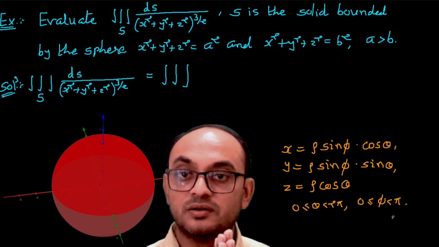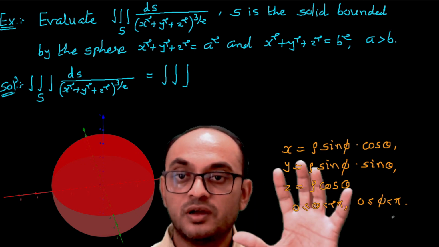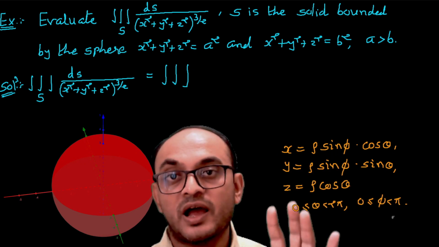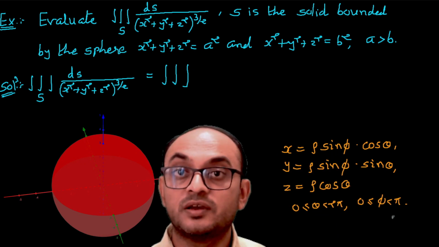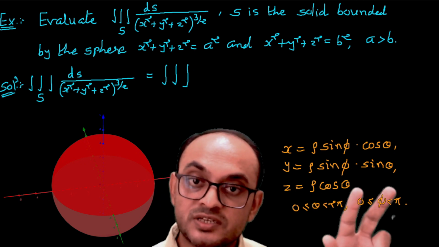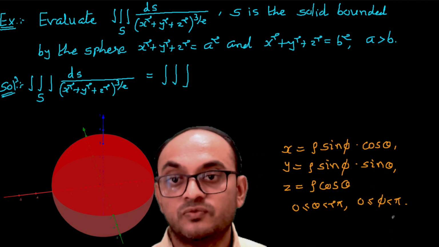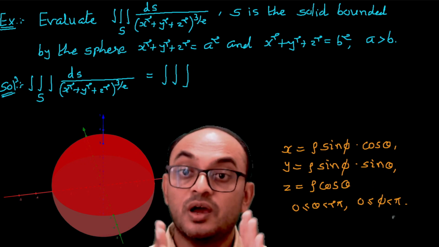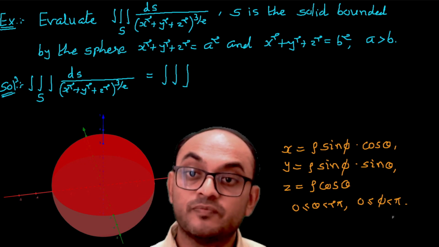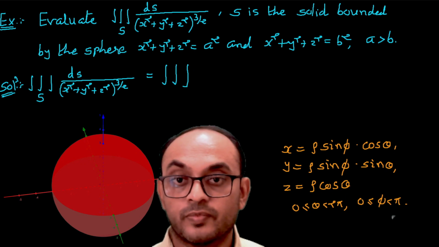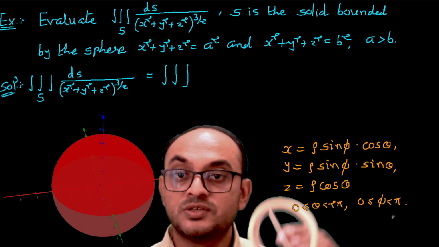I am not going to explain how these formulae are derived, but I shall explain the meaning of the range of theta and the range of phi. So see, how do we construct the sphere? That is important. See, observe this.